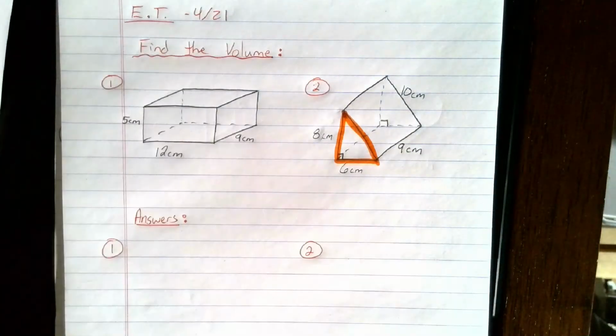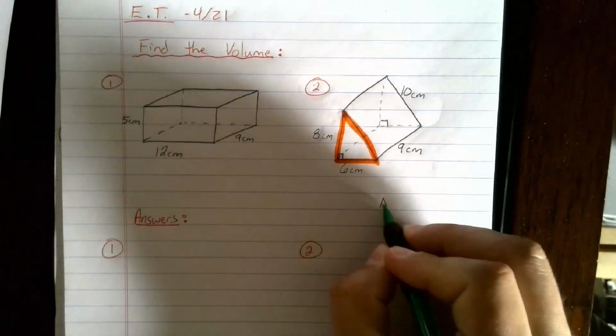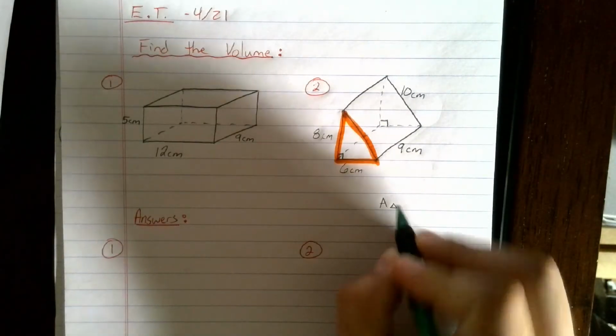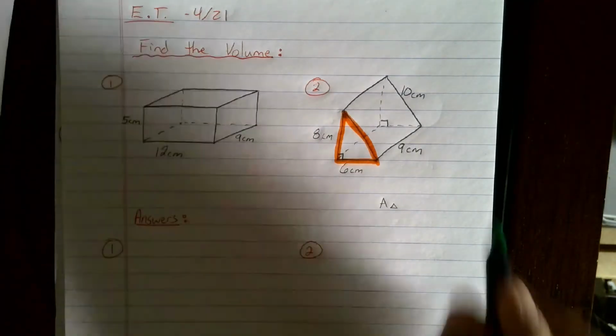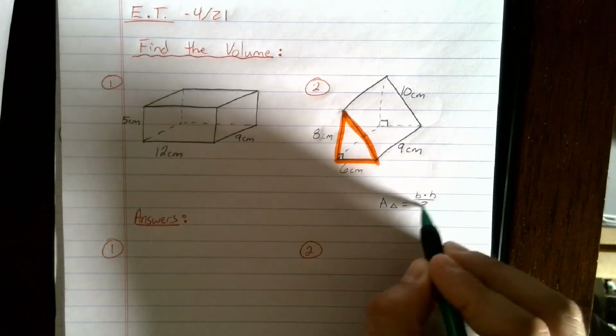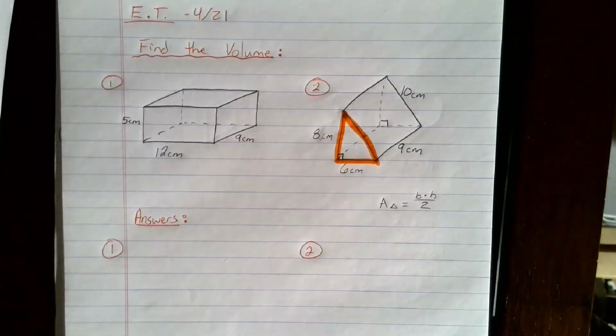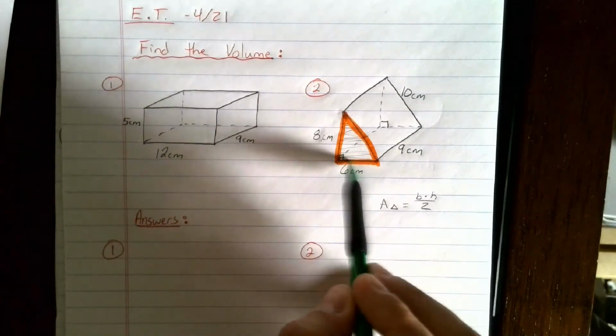Remember, the area of a triangle, the separate problem you should be doing here, the area of just a triangle, not a triangular prism, but area of just that front, that side triangle that's in orange right there, is the base times the height of that triangle divided by 2. That'll give you the area of this front triangle right in here, okay?